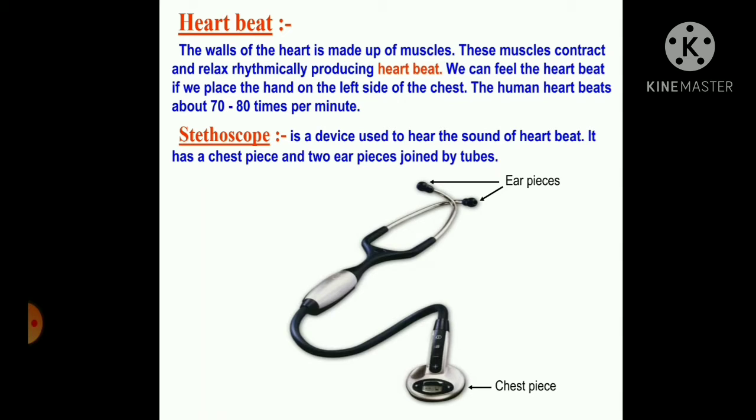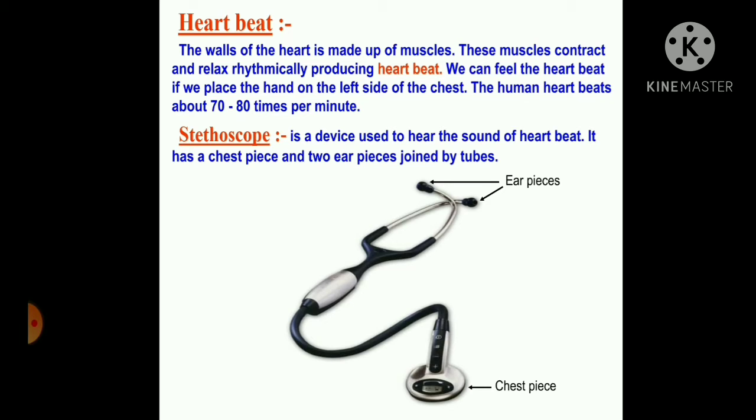Now let's learn what is stethoscope. So you must have seen a device that doctors keep with them. That is known as the stethoscope. You can also see this device in the image. So the stethoscope is a device that is used to hear the sound of the heartbeat.